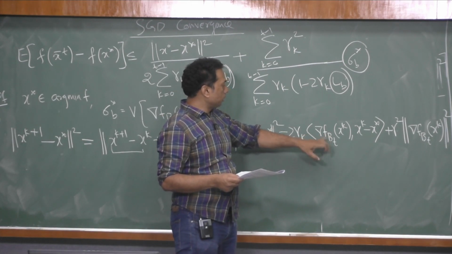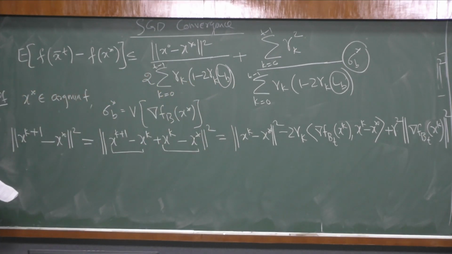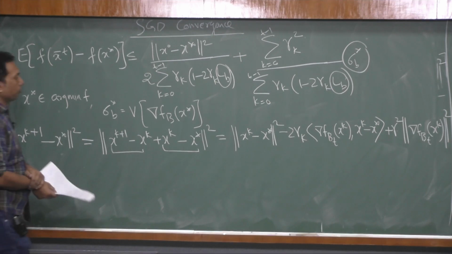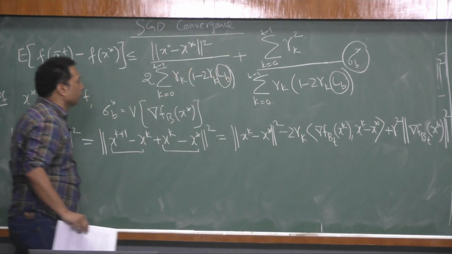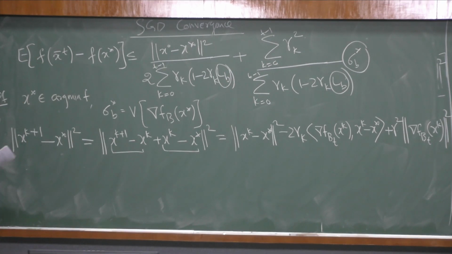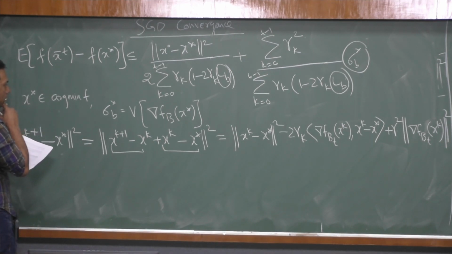We want to see the usual gradient. To get rid of this, we will apply expectation, and after applying expectation it will become the usual gradient. So these are the things we are supposed to do.